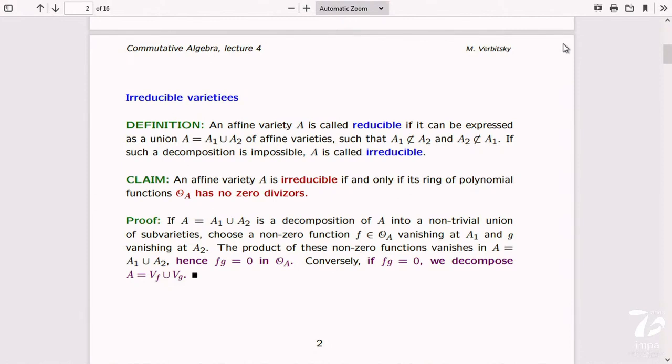This is a zero divisor. So, proof. Okay, first the "only if" condition.